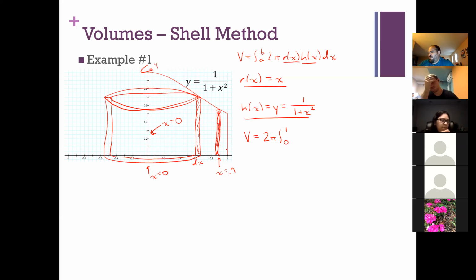So remember that your integral has to all be written in the same variable. All right, so I'm going to integrate 2 pi times the integral from 0 to 1 of x over 1 plus x squared dx.